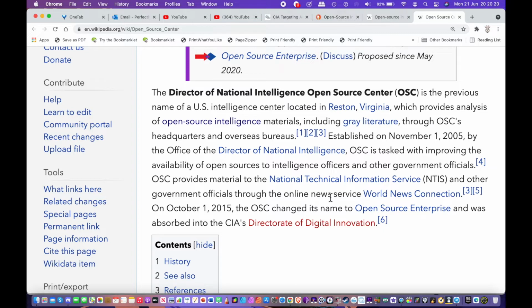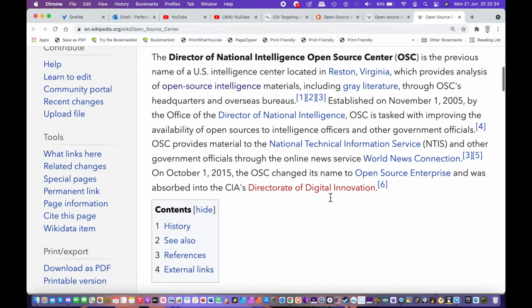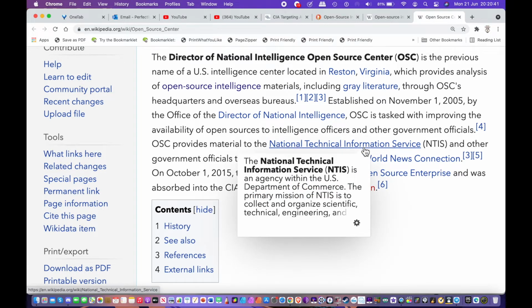OSC provides materials to the National Technical Information Service, NTIS, and that's part of the DHS, the Department of Homeland Security, I think. Yes.